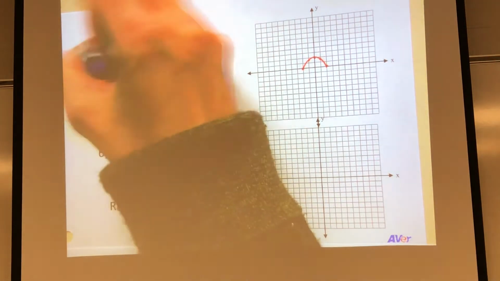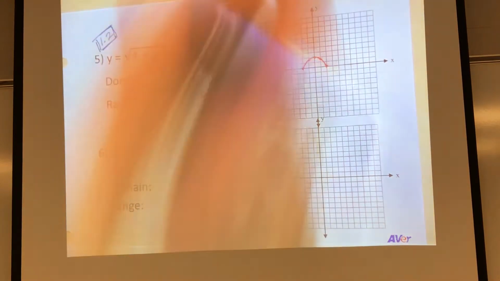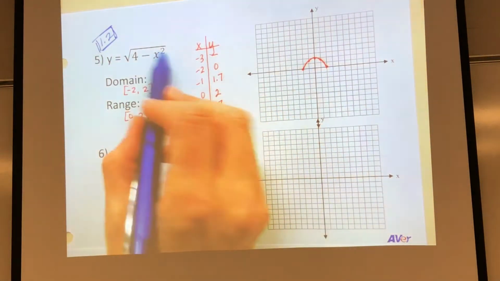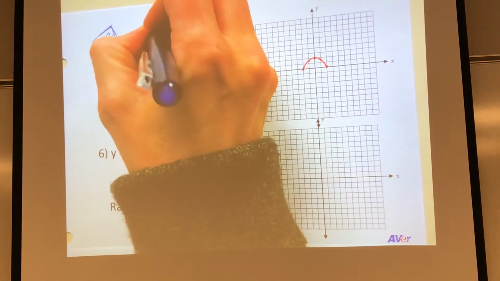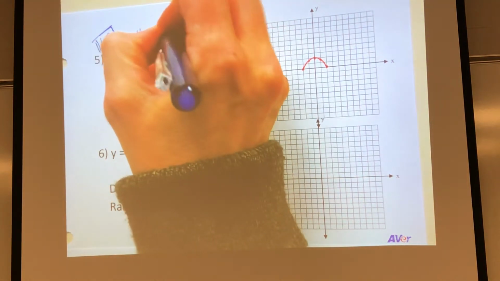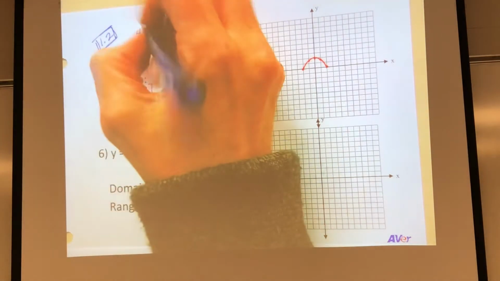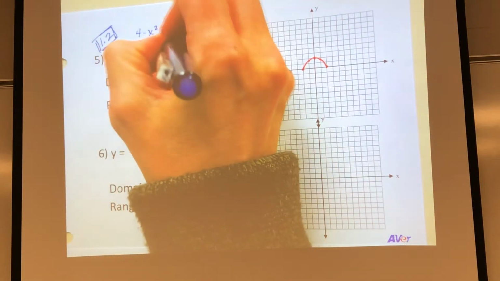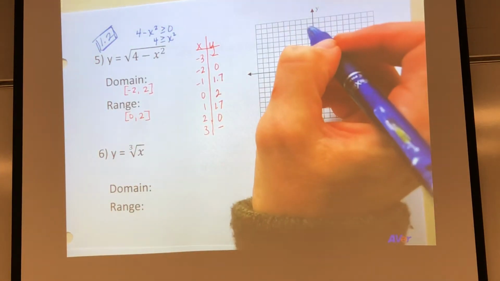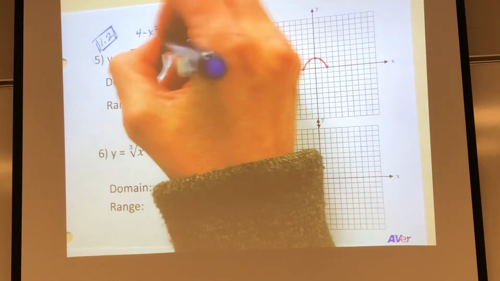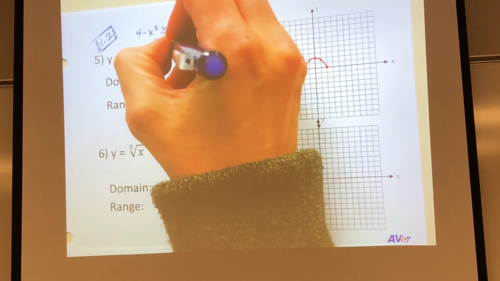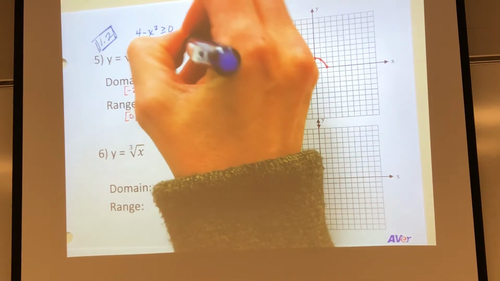If you want to look back in your notes from section 1.2, we talked about how radicals have to be greater than or equal to 0. So 4 minus x squared has to be greater than or equal to 0. So 4 has to be greater than or equal to x squared. And then when we take the square root of that, we get our 2 and also your -2.